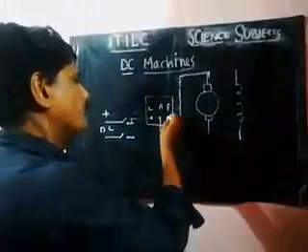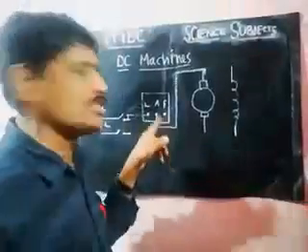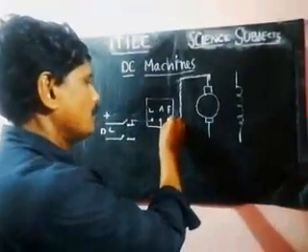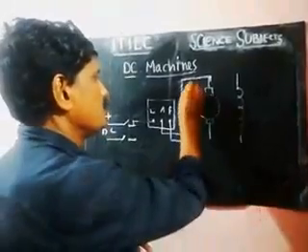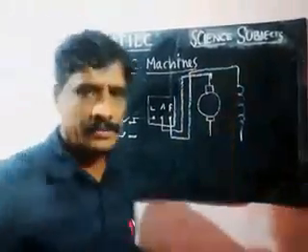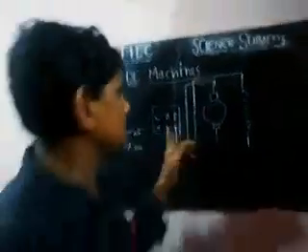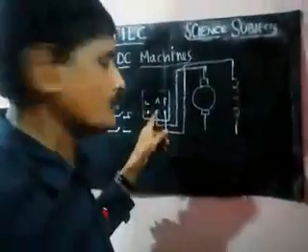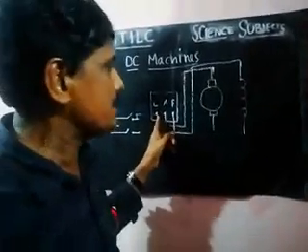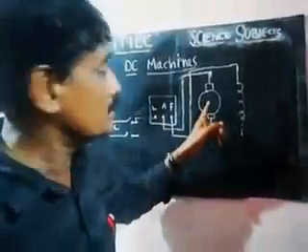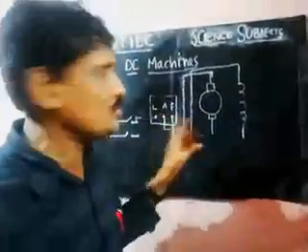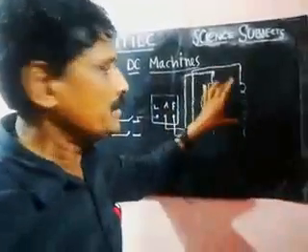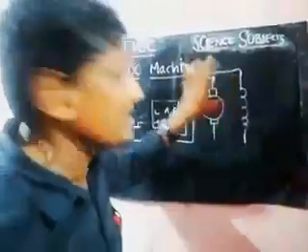Again, the field coil is given in parallel to this. The line is straight, that means parallel, so full voltage is given to the field coil. The resistance of the starter is mostly acting with the armature, and some resistance is also acting with the field coil.